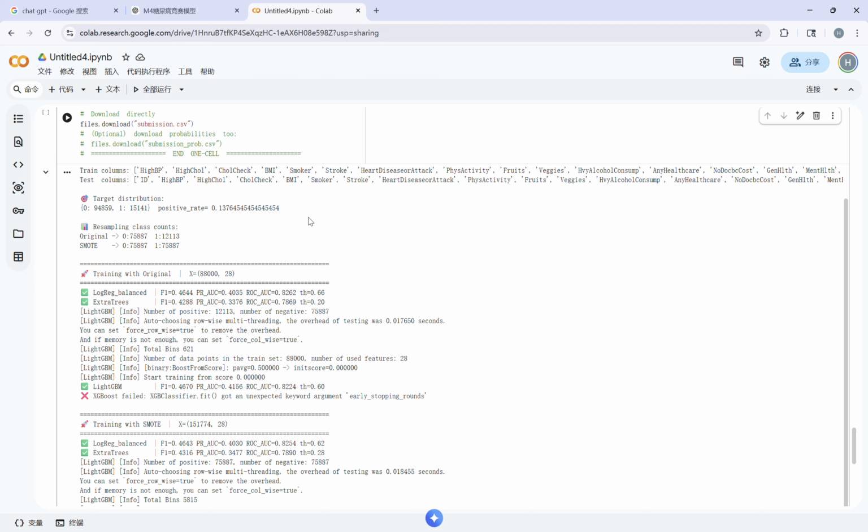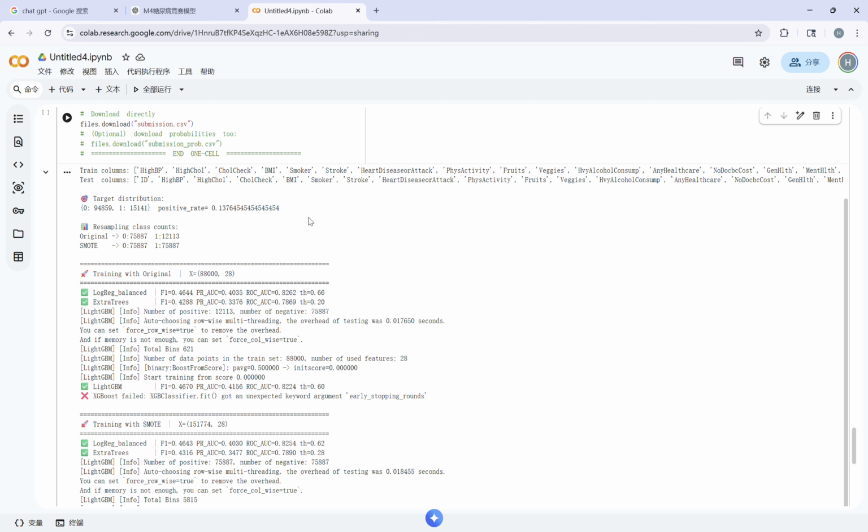The second is extra trees, a tree ensemble model that can capture nonlinear relationships and feature interactions. The third is LightGBM, a gradient-boosted decision tree model that is typically very strong on structured tabular data. By comparing these models under both original and SMOTE settings, we can identify which combination generalizes the best.